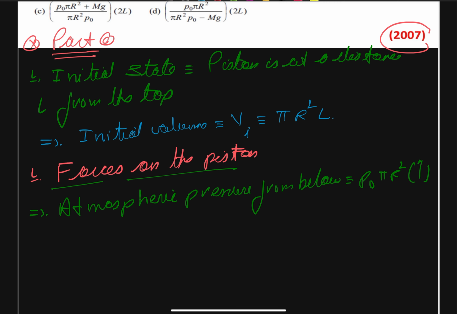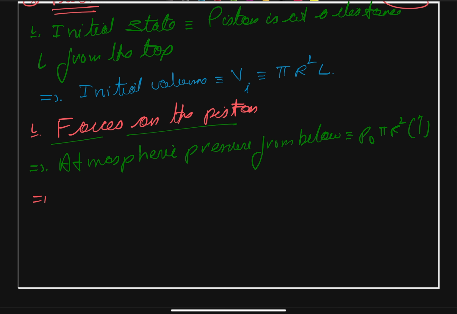Now second is our pressure of the gas inside. That pressure will be our P, and this comes multiplied by pi r square, and it will be in downward direction.